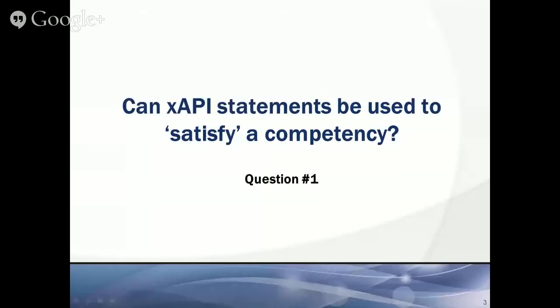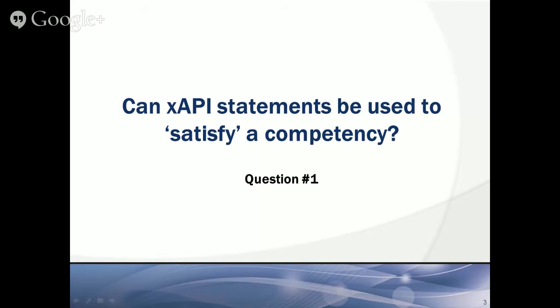So what we decided to do was answer a question. And I'm going to go back to the slides here. The first question that we set out to answer was, can you use Experience API statements to, quote unquote, satisfy a competency? So what's a competency? There are many efforts out there right now. I'm sure you've heard of Common Core in the CEVS format.